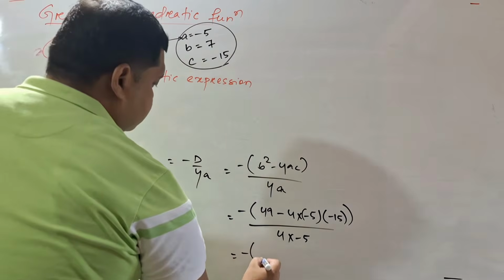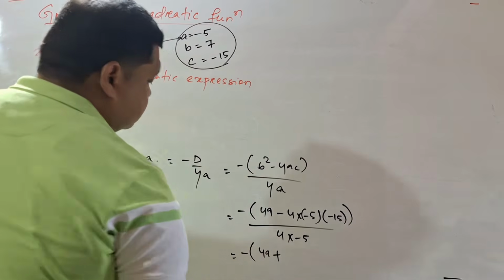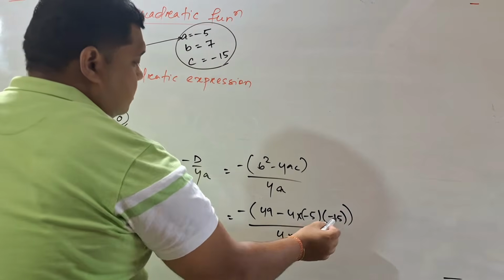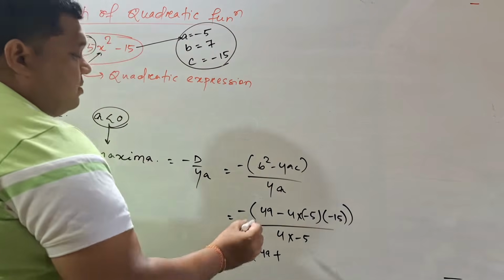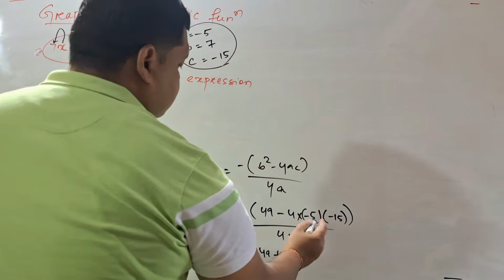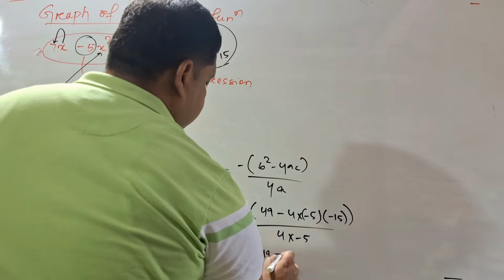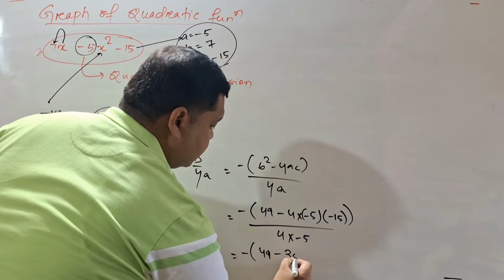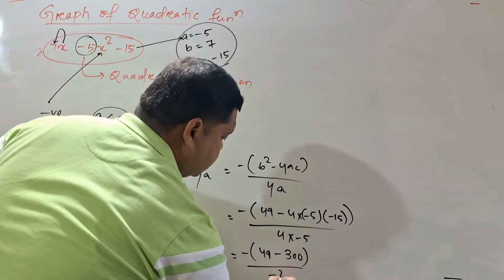So if I put it, how much will I get? This is minus of 49 plus 75 into 4, that is 300, divided by minus 20.